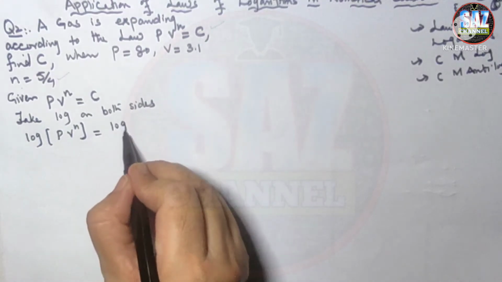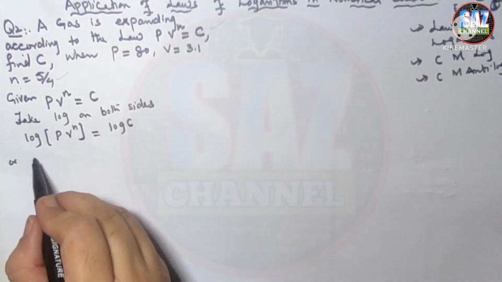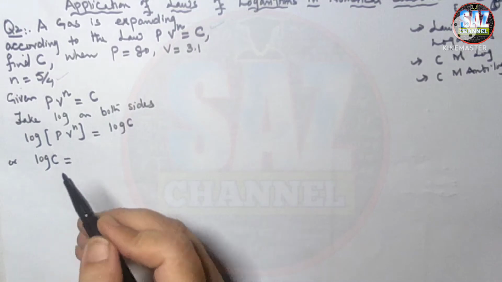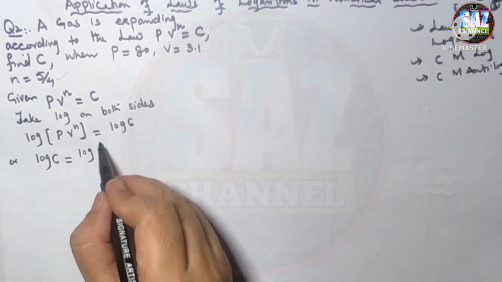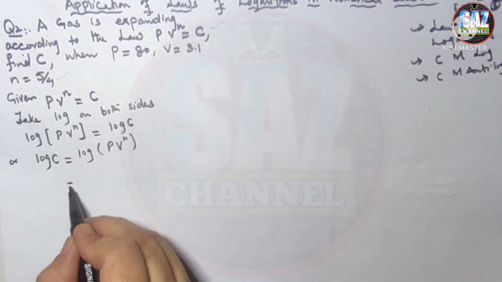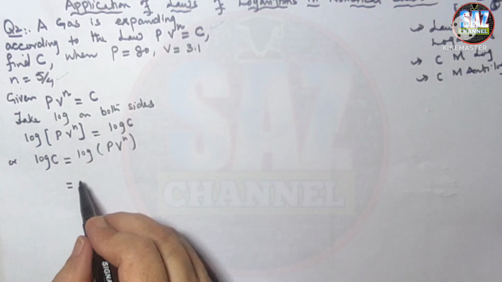Or what we can do is that as we need to find this expression, so it's better to rearrange your equation, otherwise there is no harm. Log P into V raised to power of n. Now, you can see, students, the question is containing the expression which is multiplied together. So, which law I have to apply?